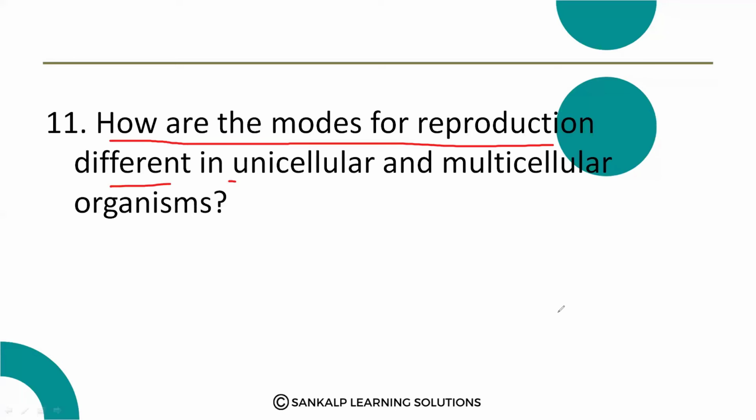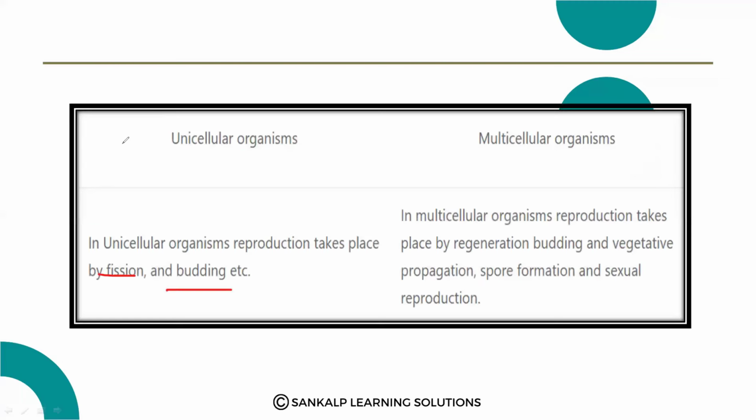The next question is, how does reproduction help in providing stability to populations of species? So, what is the answer? Organisms fill well-defined places or niches in the ecosystem.